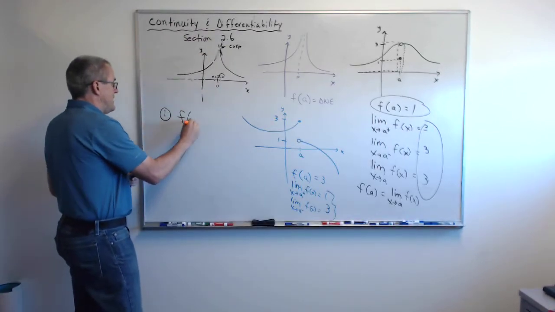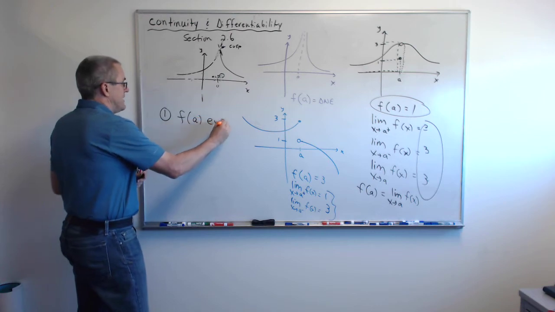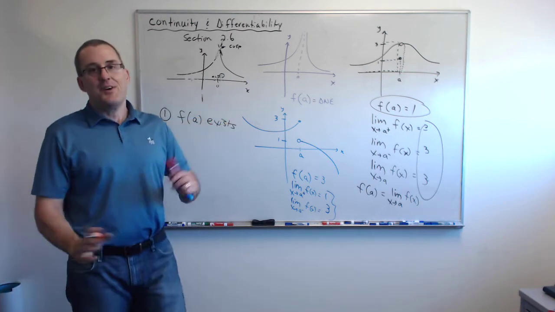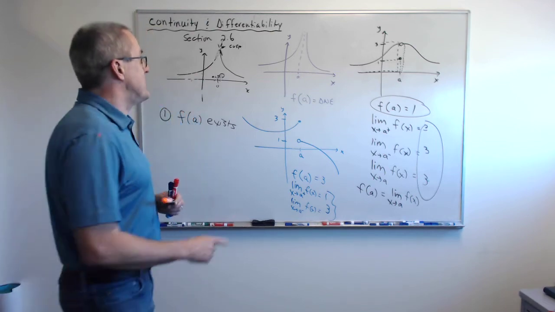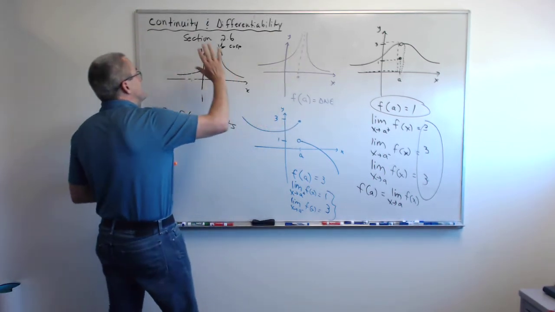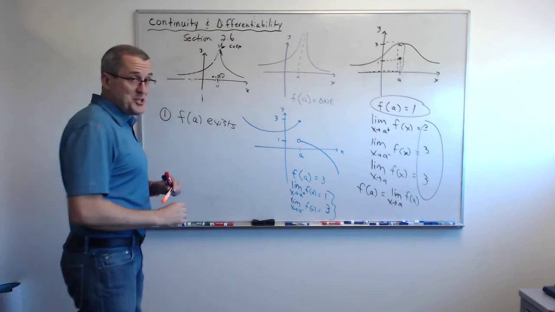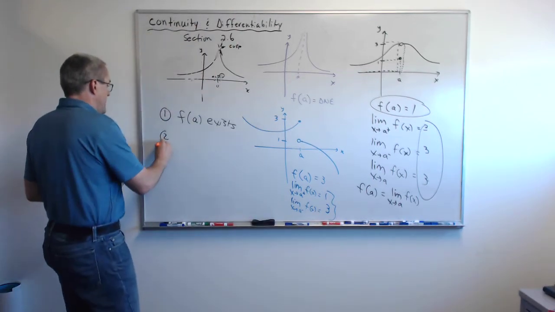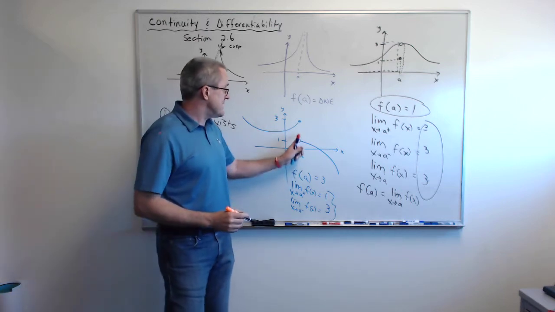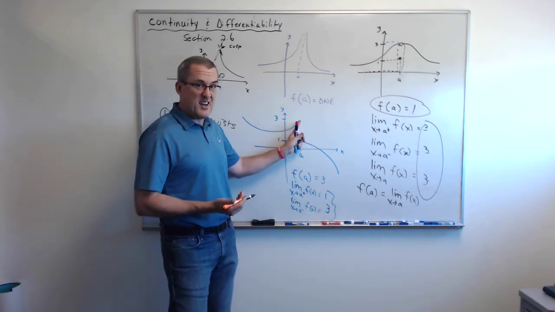Let me just capture that. F of a must exist. If the function doesn't even exist, the function's not continuous. And oh, by the way, if the function's not continuous at x equals a, it is not differentiable at x equals a.